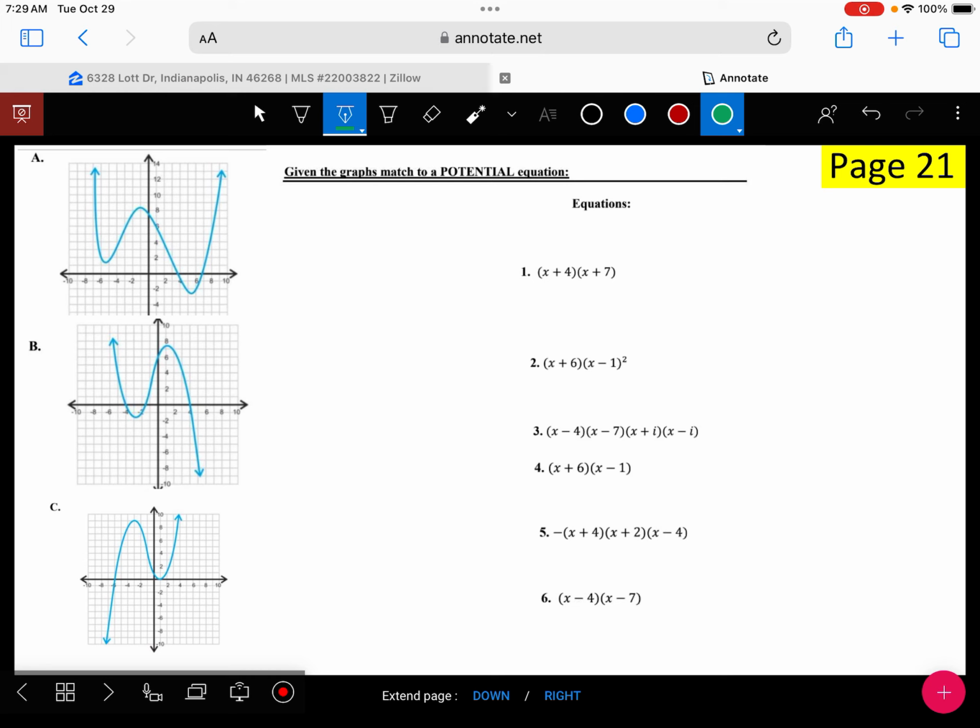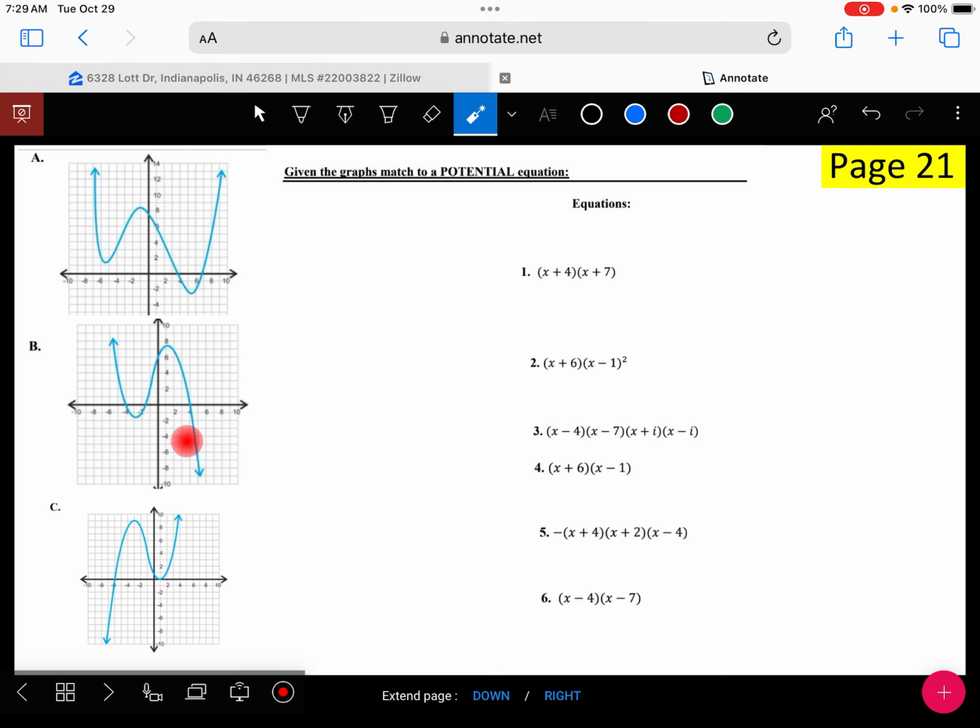All right, so this is our last page, I believe. Is this the last page? Okay, good. All right, so I want you to see if you can match the equation. So we got to figure out which one of these equations, 1, 2, 3, 4, 5, or 6, goes with this graph.